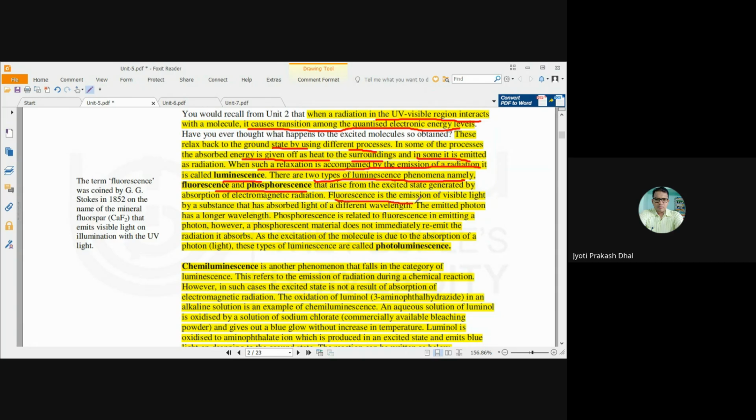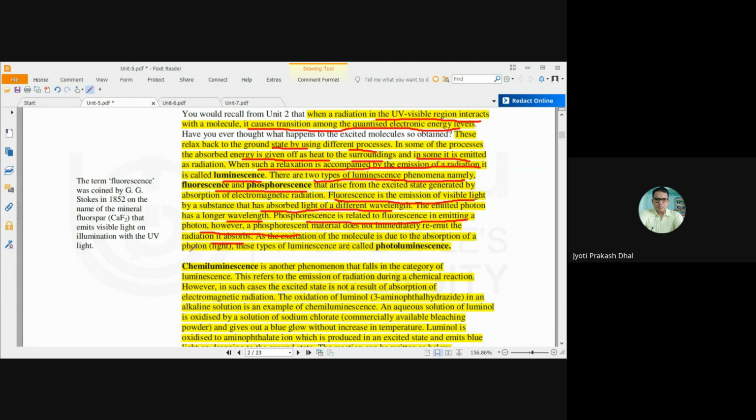Fluorescence is the emission of visible light by substances that have absorbed light of a different wavelength. The emitted photon has a longer wavelength. Phosphorescence is related to fluorescence in emitting a photon; however, the phosphorescent material does not immediately re-emit the radiation it absorbed. If the molecule comes back to the ground state by emitting visible light immediately, that process is called fluorescence.